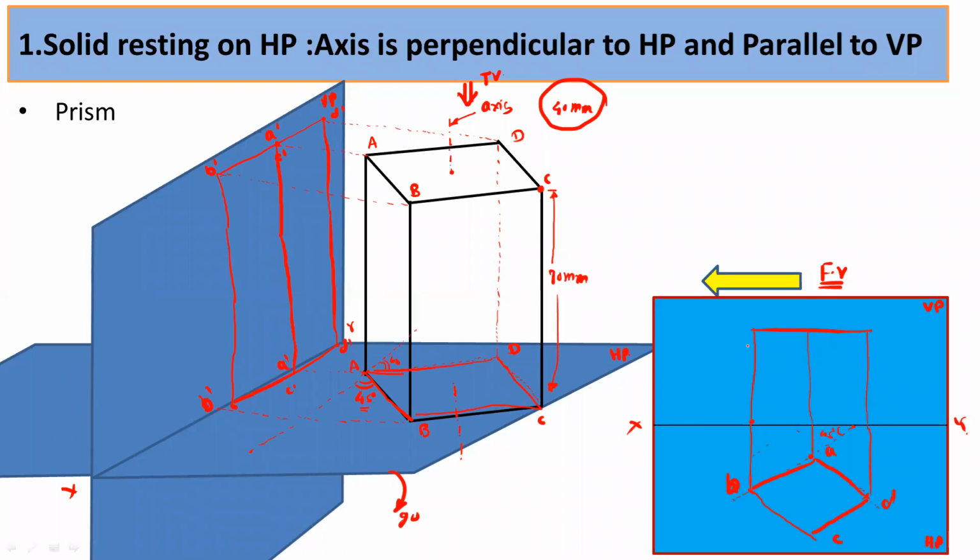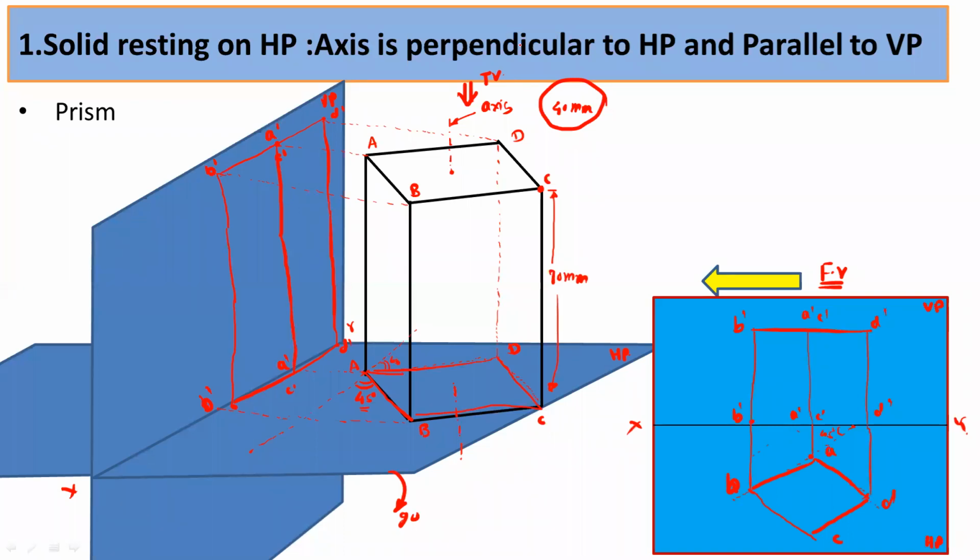Okay, so this is the front view. So this point is B dash, which corresponds to B. This is A dash and C dash. And this is D dash. Okay, so in this way, you can complete the projection when the given solid is perpendicular, that is, the axis is perpendicular to HP and parallel to VP. Okay. So this is the basic condition for the solid when it is resting on the HP.